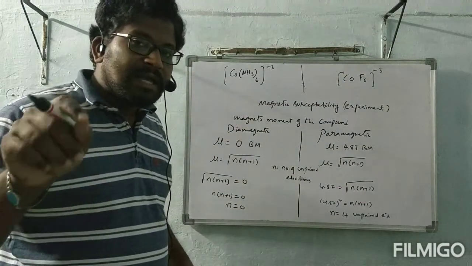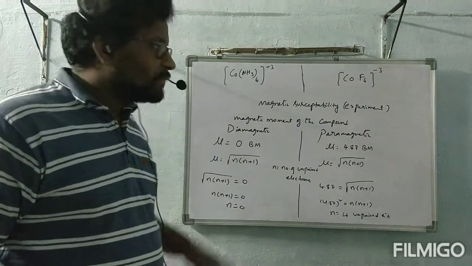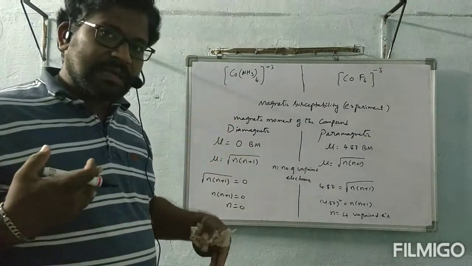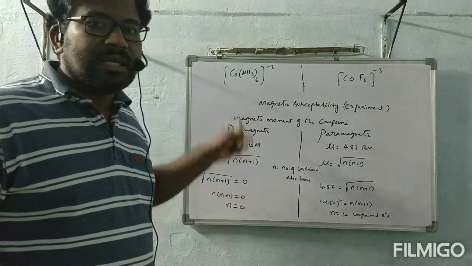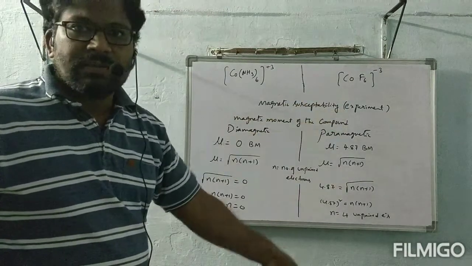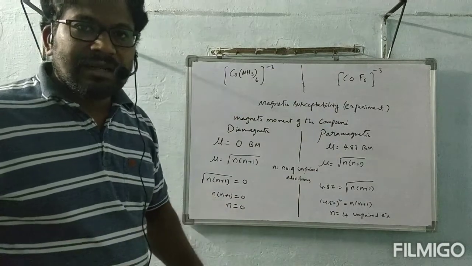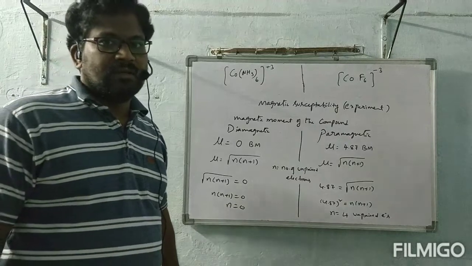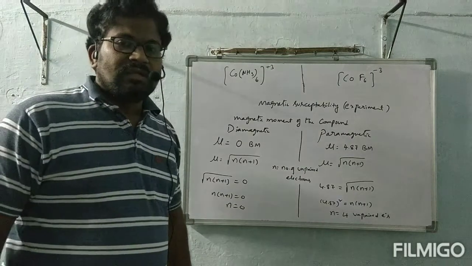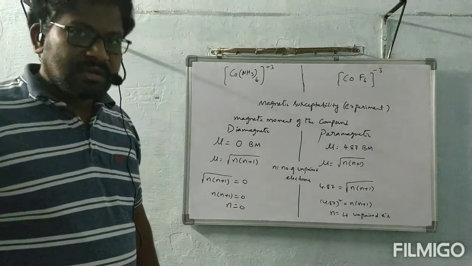But immediately the remaining scientists will get a doubt. Why in this compound only has pairing taken place? Why in this compound has pairing not taken place? Why is this an inner orbital complex? Why is this an outer orbital complex? Like that they asked questions. But valence bond theory could not explain that. That we will see in the next theory, that is CFT, and I will give clarity about that.